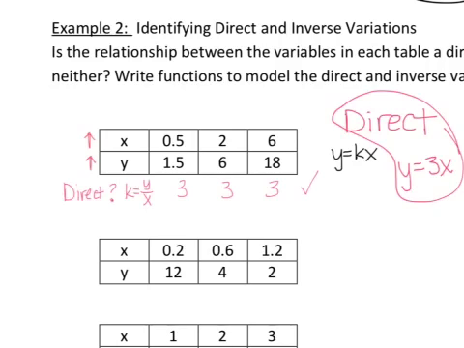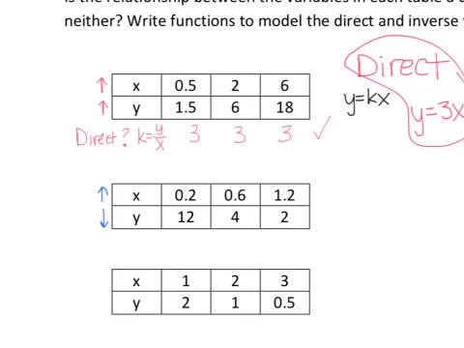The next one: what happens to x as we go along? It goes up and y goes down. So what might we have here? Inverse. What does k equal? x times y. So what's 0.2 times 12? 2.4.